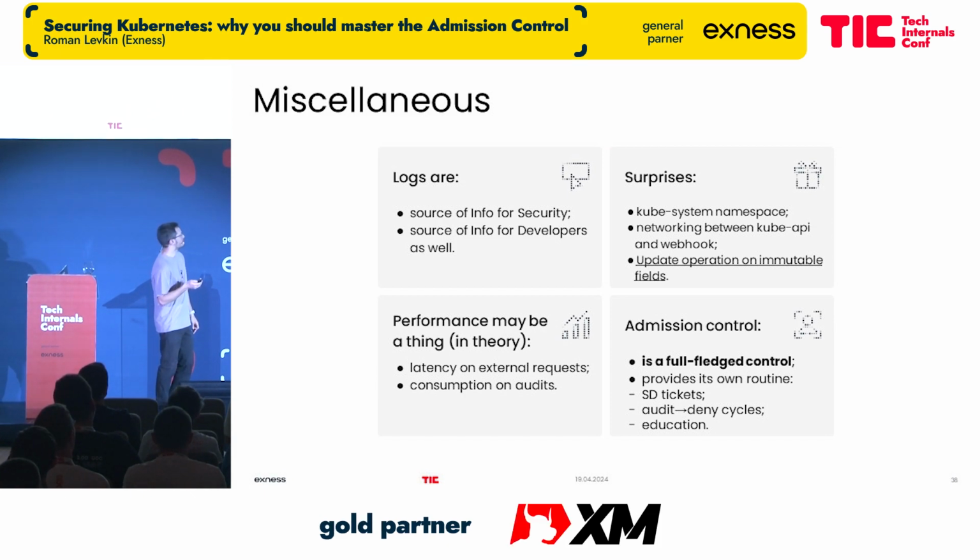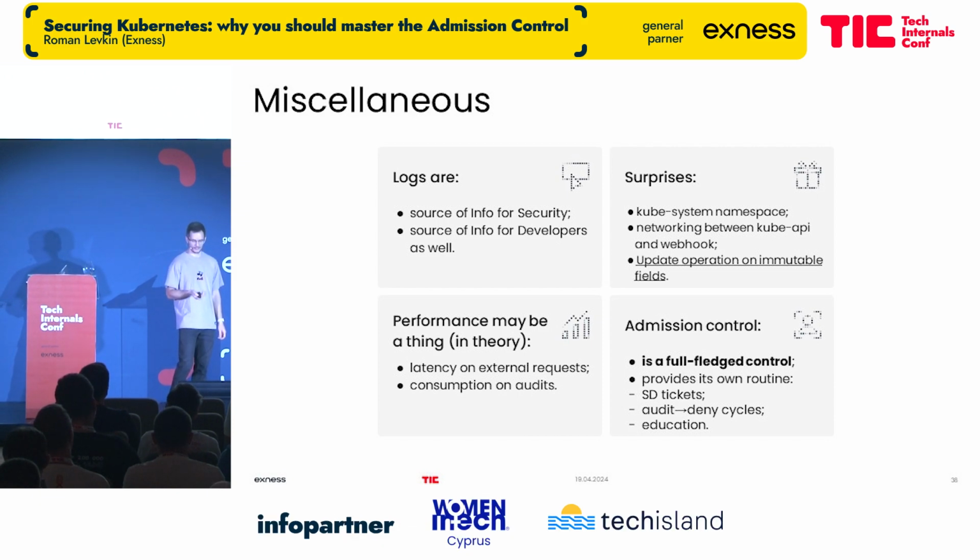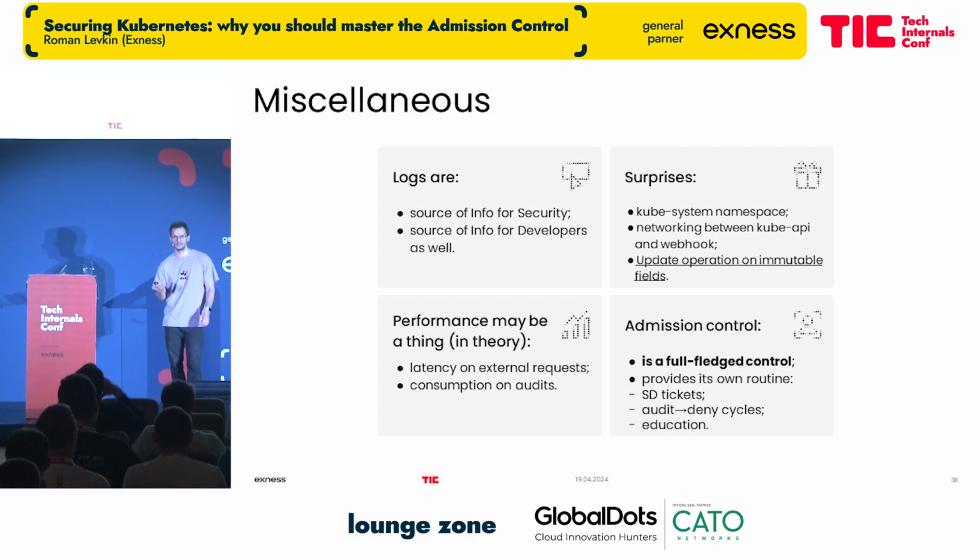There is a ton of other pretty interesting technical material I would be happy to share with you, so reach out to me if you want. But the main point that I want to highlight here is an organizational point. Admission control, if properly implemented, is a full-fledged control with all the consequences that implies, and I mean the day-to-day routine for your security department.